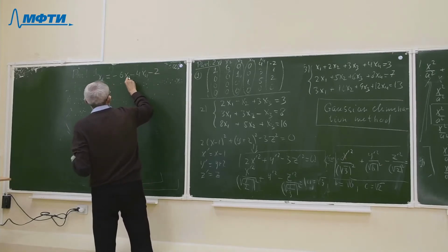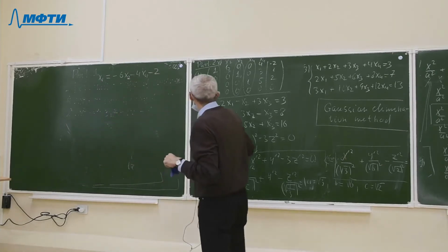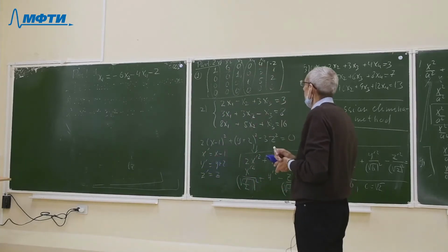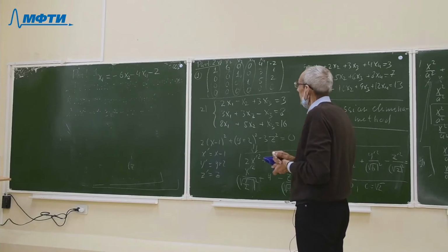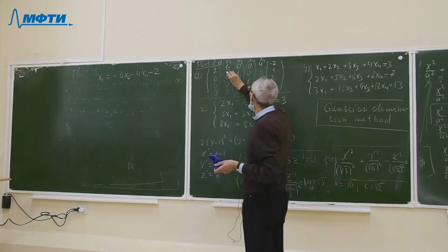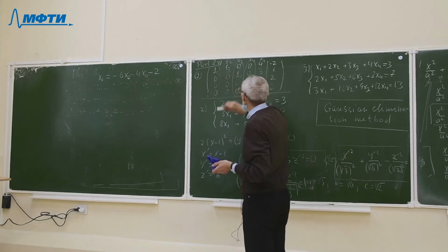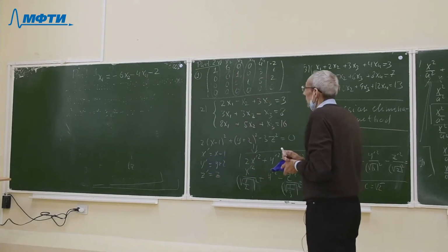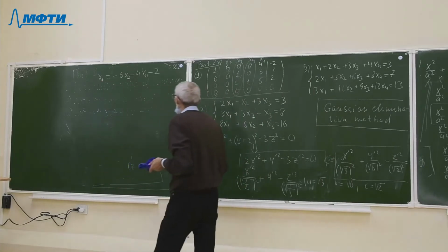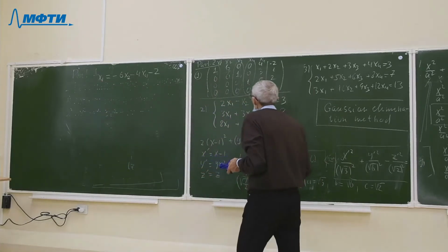We write the first row as an equation and transfer the other variables, excluding the first variable, to the right side.